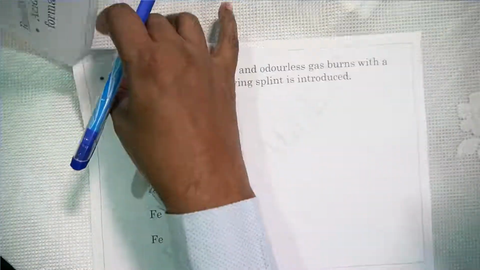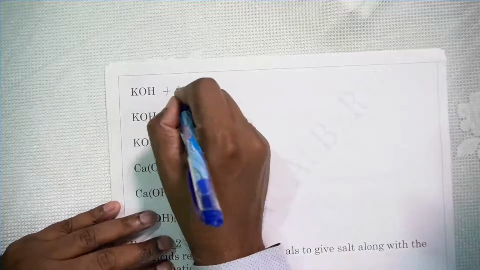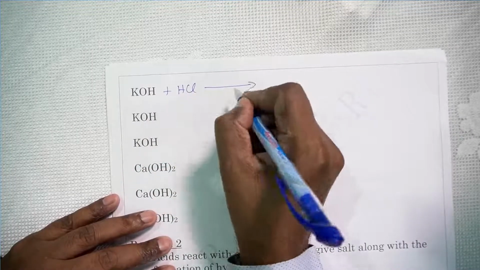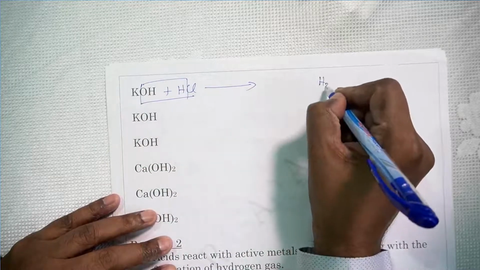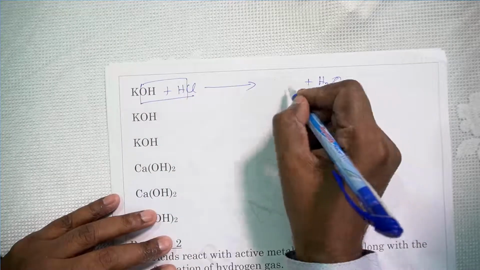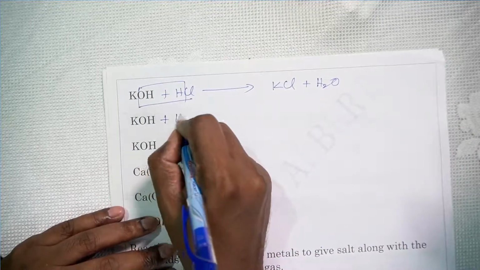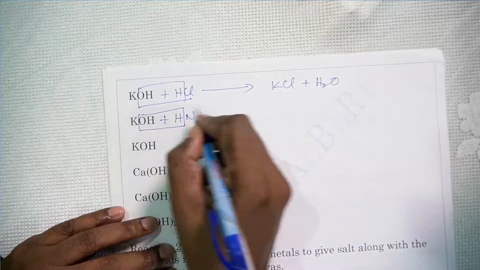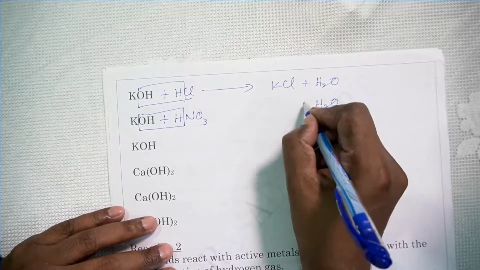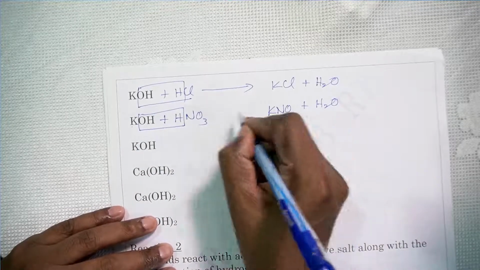And we'll take more of the alkali. Now if you take KOH, potassium hydroxide, KOH plus HCl, what will come? You get H2O plus the remaining KCl, potassium chloride. KOH plus HNO3, nitric acid, you get H2O and the remaining KNO3, potassium nitrate.